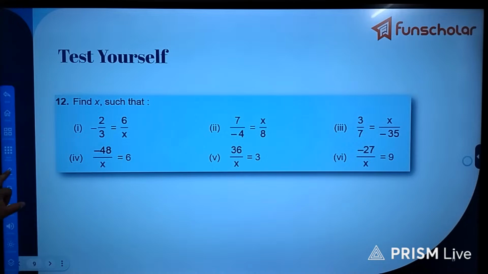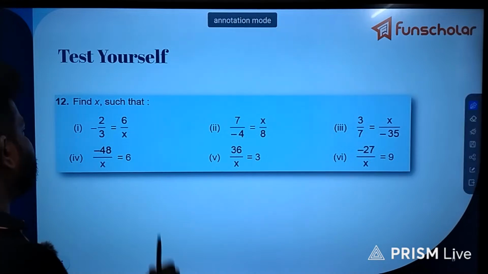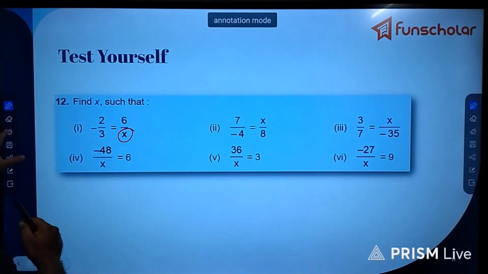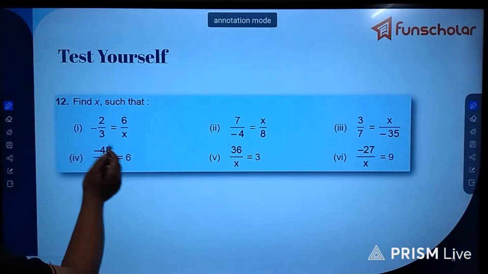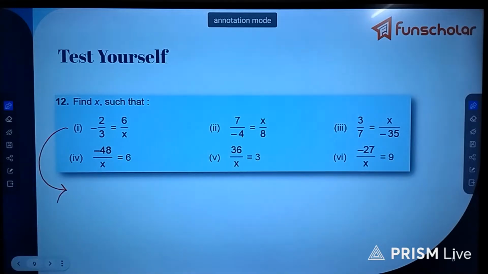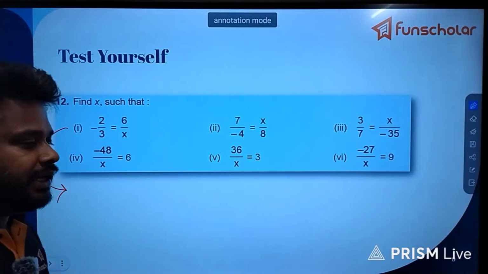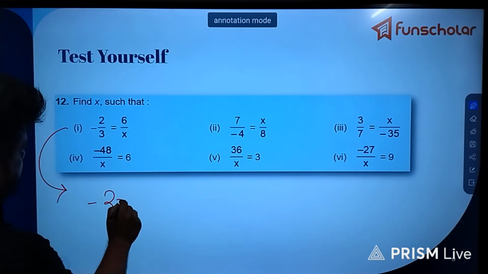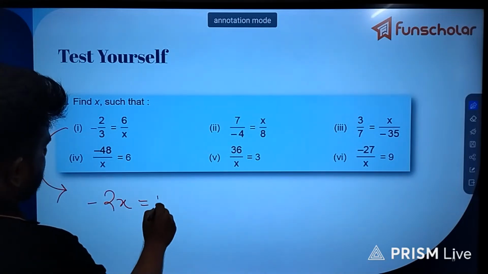Next, here we have to find x such that we get the value of x. So let's do this for number 1. What we can do is multiply diagonally to find x. So the first one will be minus 2x equals 18.